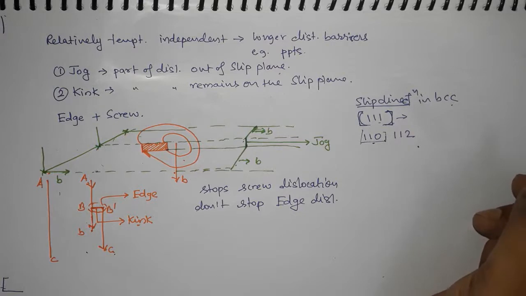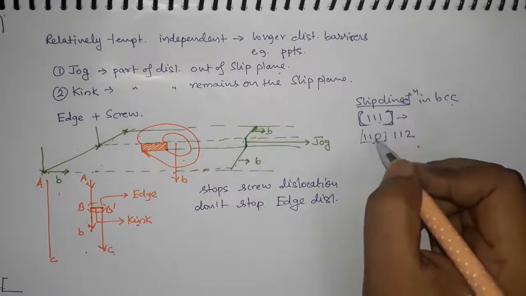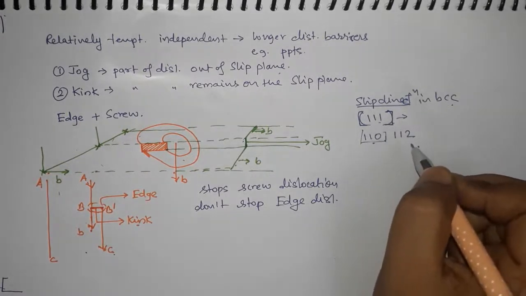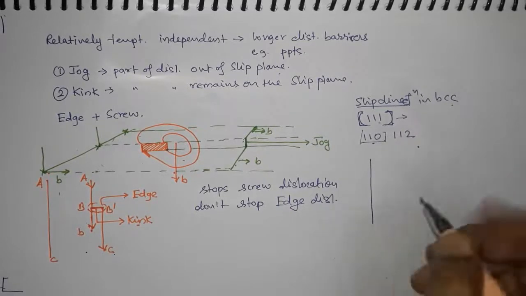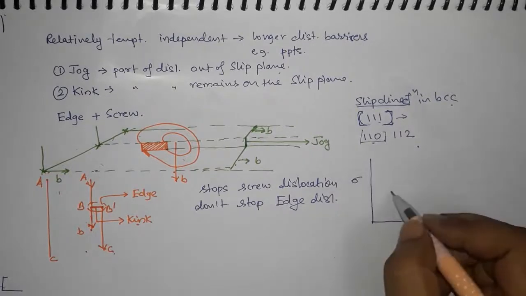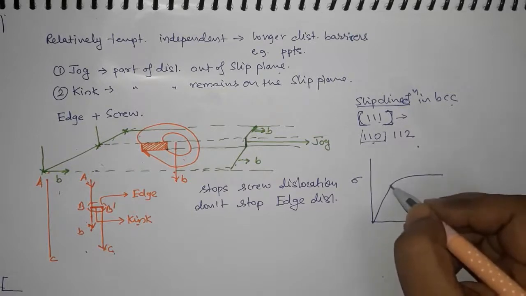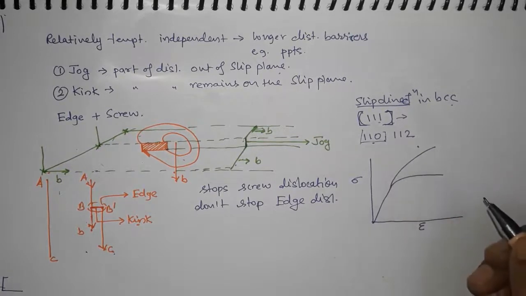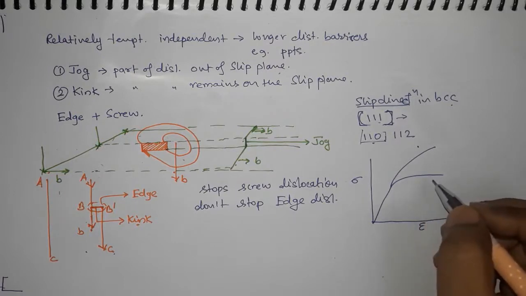Screw dislocations make it very easy for deformation to occur. If you did not have screw dislocations in the material, the strain hardening would have been very high. If somehow you could take the screw dislocations out of the system, then instead of having strain hardening like this, you would have strain hardening like that, because screw dislocations make the material deform very easily.